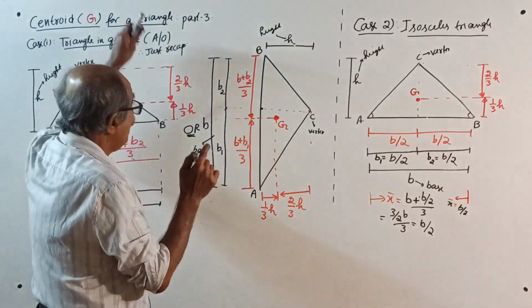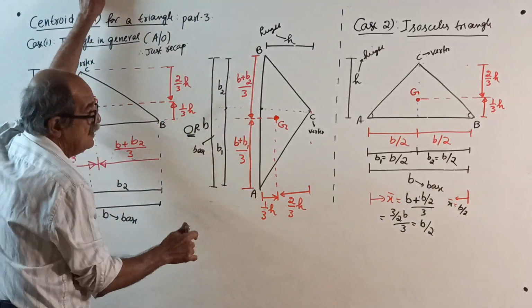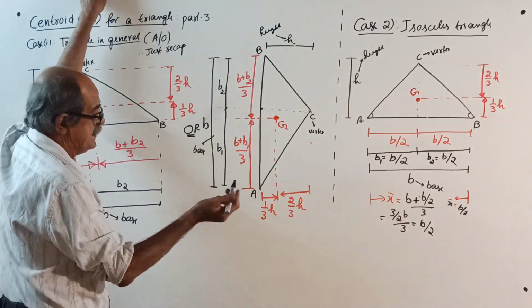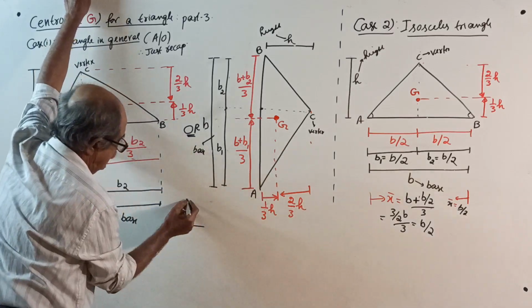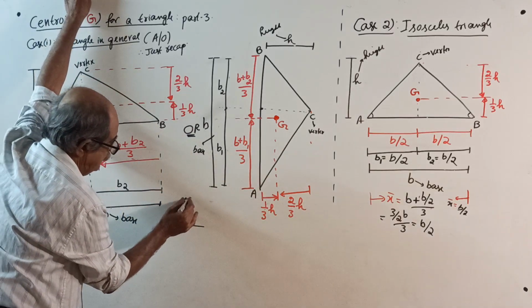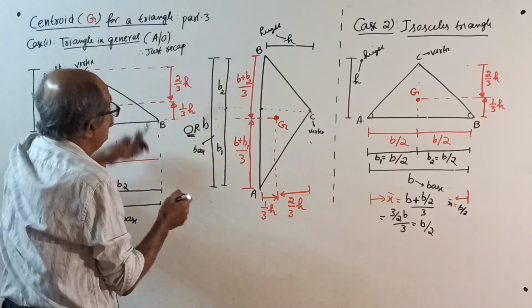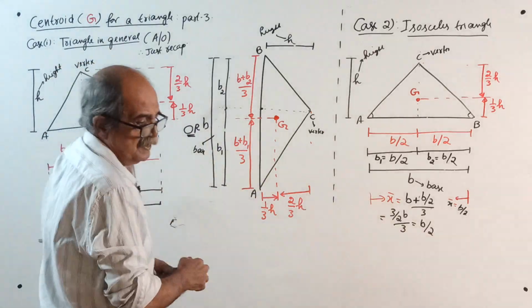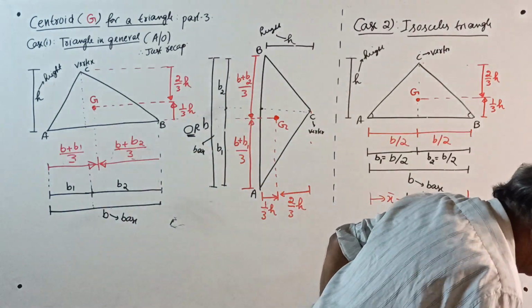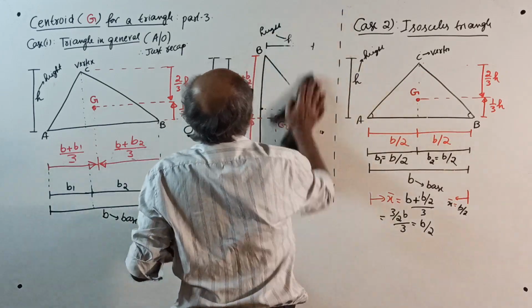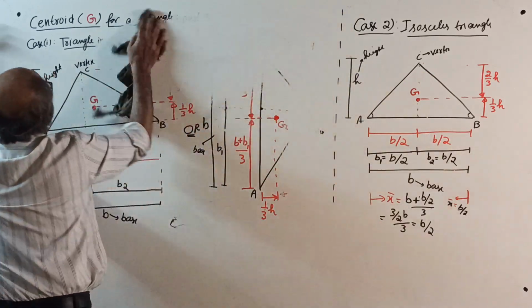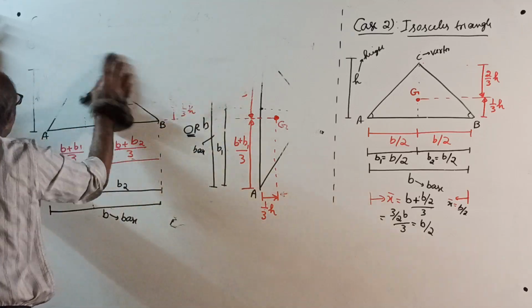If there is an axis of symmetry, then the centroid lies on the axis of symmetry. I'll do one thing now, I can remove this one. Instead of that side, it is better to show this side so I can show you clearly, because this is already done so many times.